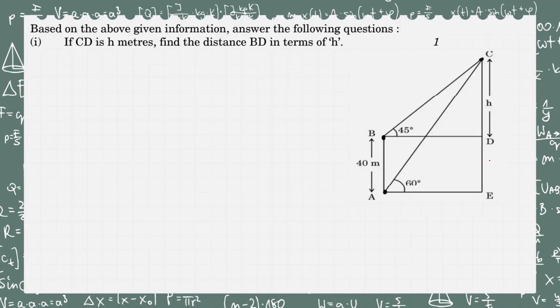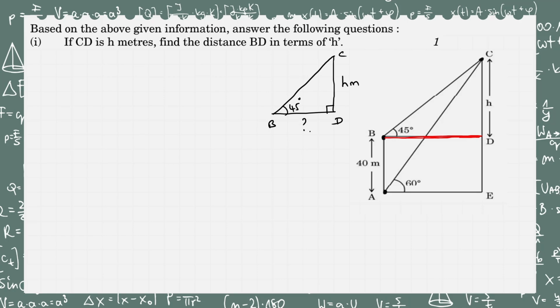So we have to find out this length. So what we are going to do for this is, we can take the triangle BCD alone, and the angle at B is 45 degrees, that is given, and CD is h, of course in meters, and we want to find out the BD value.